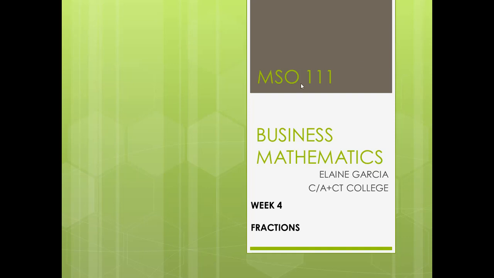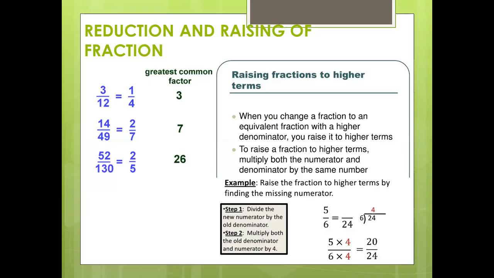So we have here our first slide, the reduction and raising of fraction. The process of transforming fractions to other equivalent forms of either higher or lower terms without altering the value of the fraction is called reduction and raising of fraction. When the numerator and denominator cannot anymore be divided by a common divisor except one, the fraction is already in its lowest term.